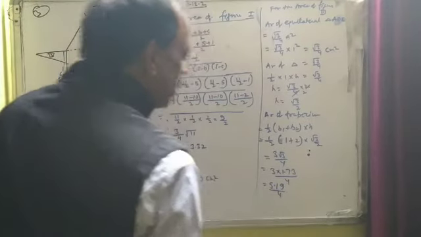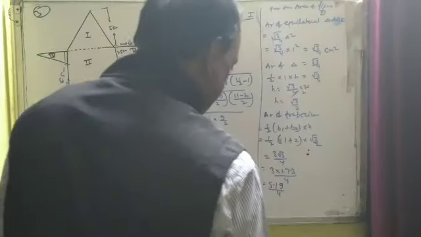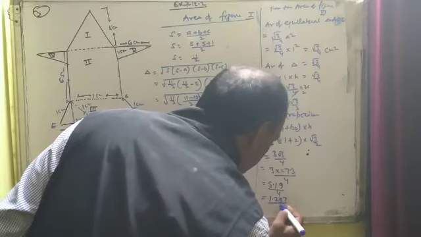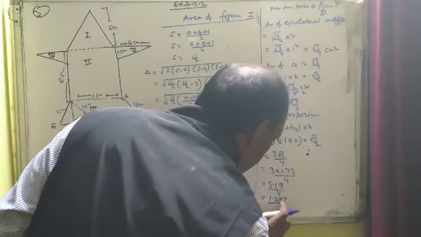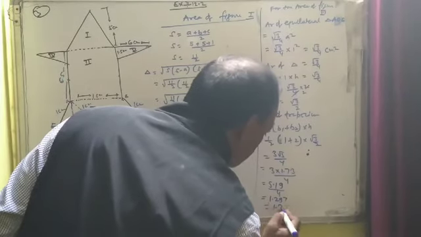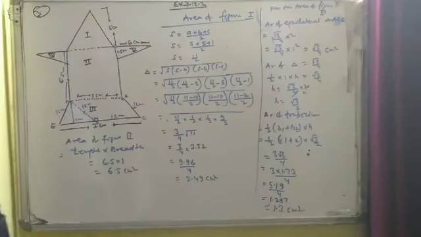So 5.19 by 4, and after the division we will get 1.297, and we can write this as 1.3 centimeter square. So now we have the area of figure number 3.